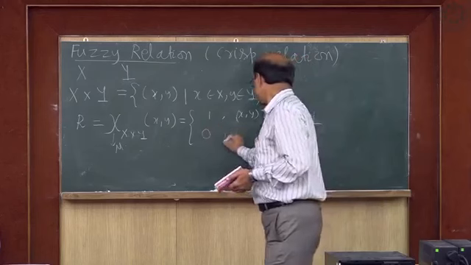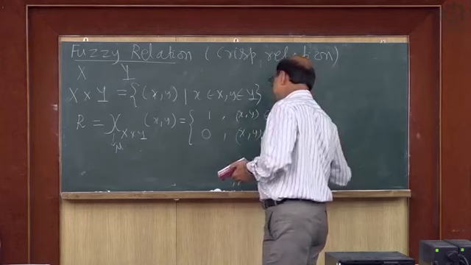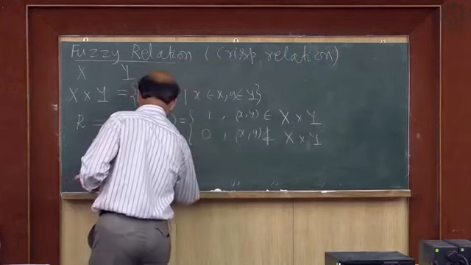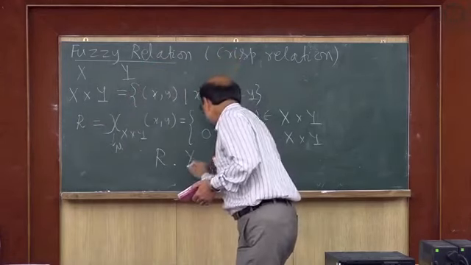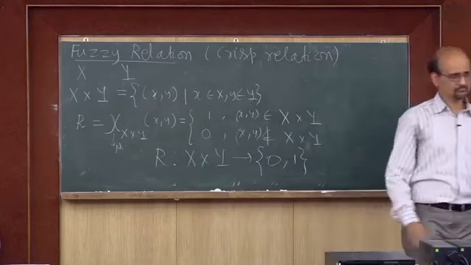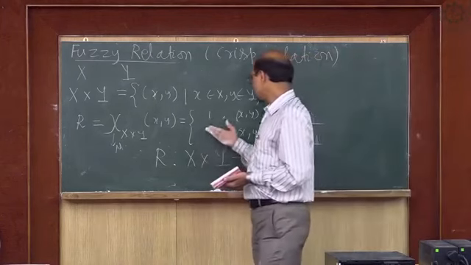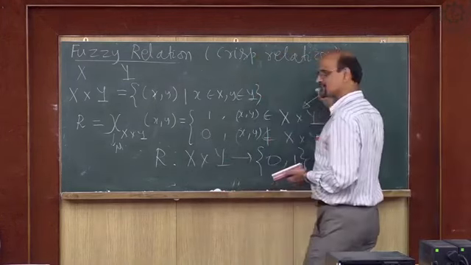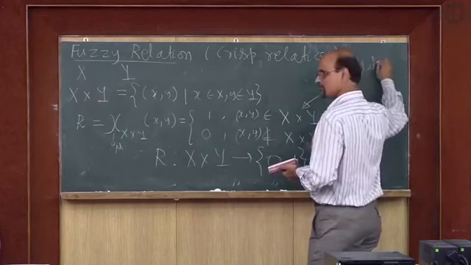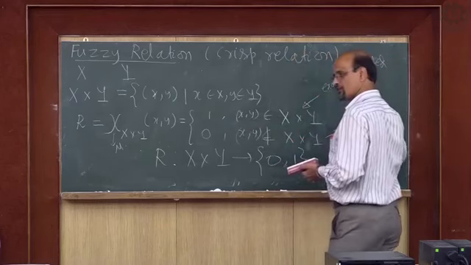And it is 0 when (x, y) does not belong to X cross Y. That means R is actually a mapping from X cross Y to {0, 1}. Again, you see what you are saying: 1 is called an exact relation, or exactly related, and 0 means no relation.